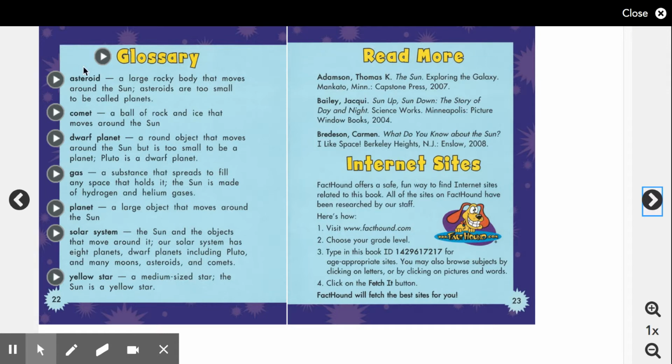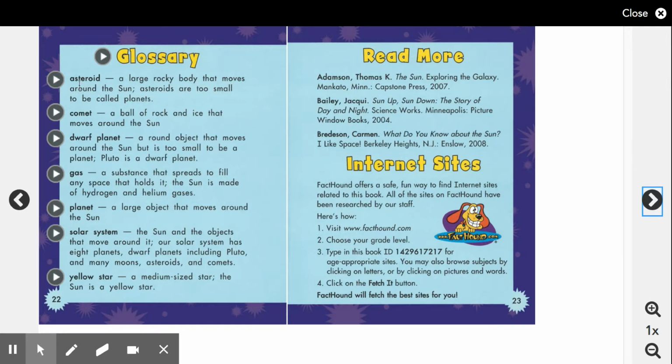A glossary tells you vocabulary in the text and it gives you the definitions. Definitions just describe the meaning of those words. So we will read the words in the glossary together. You will notice that the words in the glossary are in bold, which means they are darker and it catches your eye.